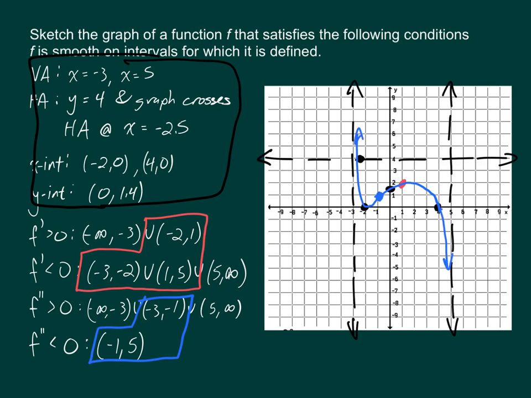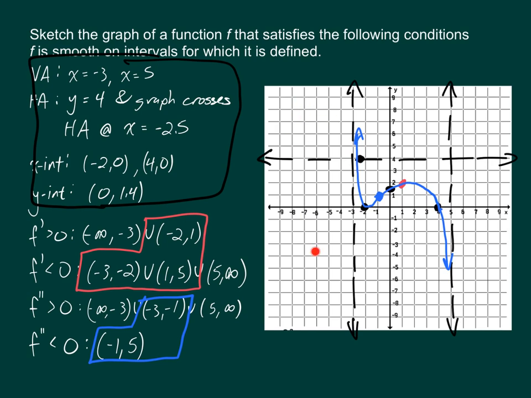And it'll stop increasing at 1. We took care of that right here. We stopped increasing at 1. Pretend that's what I did. And we started doing concave down, and decreasing from 1 to 5 respectively. So I just looked at these little intervals here to figure out what was going on on the inside.